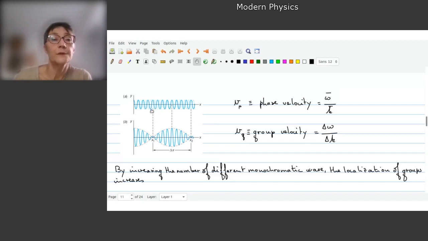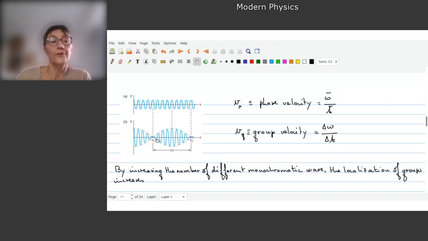This one is maximum and this one is minimum. So at this position x, you will have a node, the amplitude will be 0. And the same thing here, you have 0, and here the two of them are maximum at the same position, so you have a maximum.